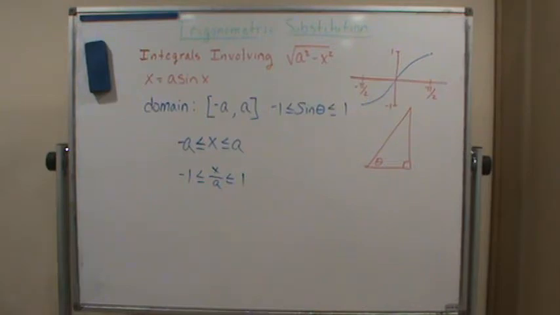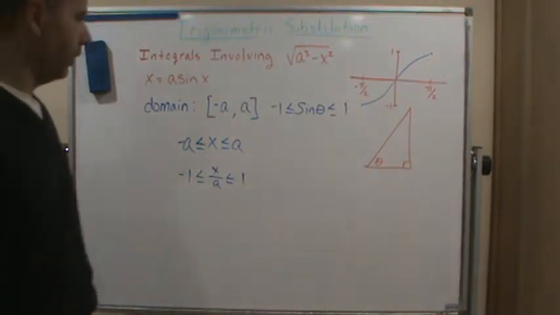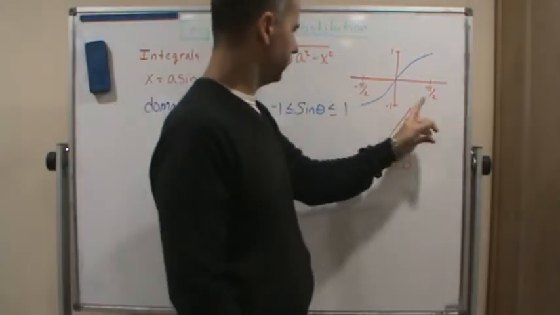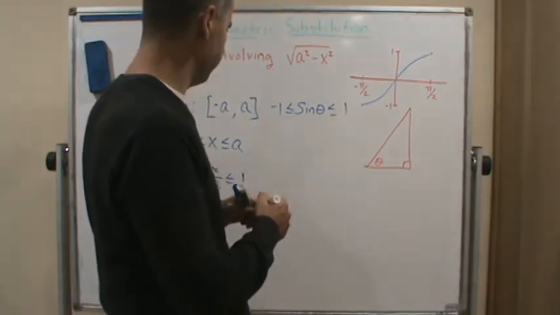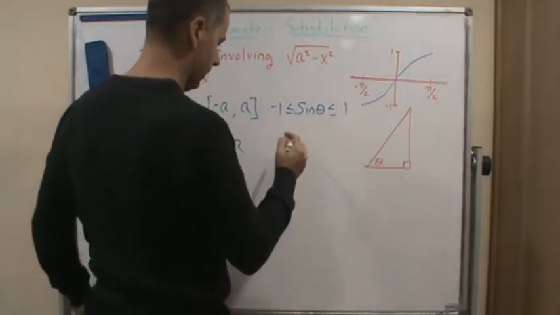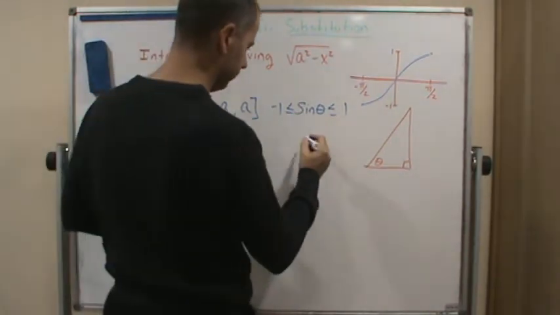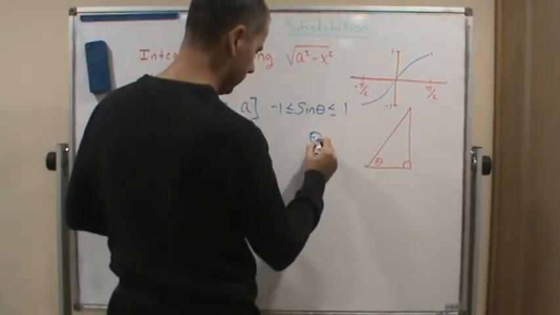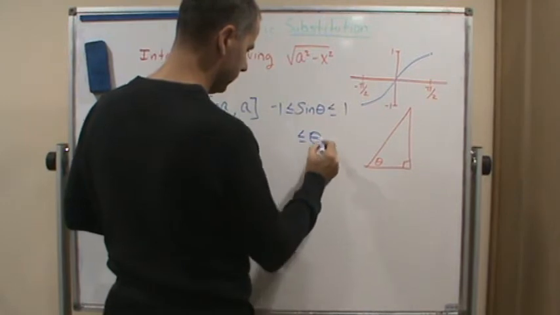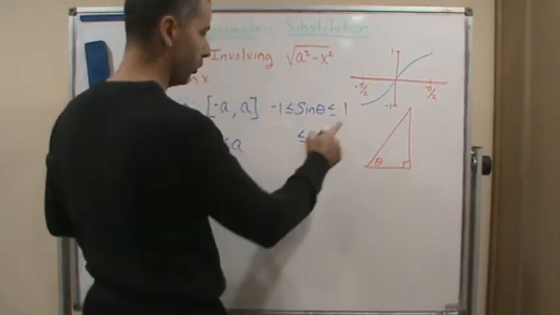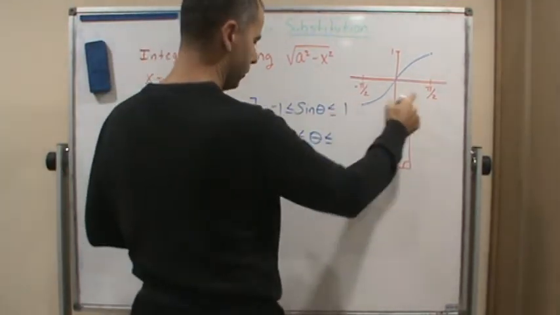And the interval that we're talking about is for theta, so let's put theta in here. We're going from -pi/2 to pi/2.